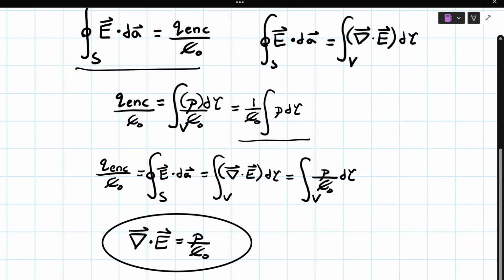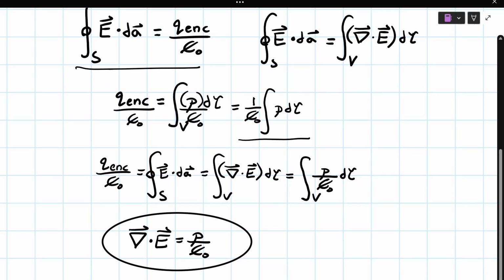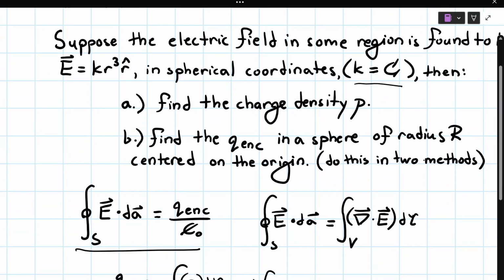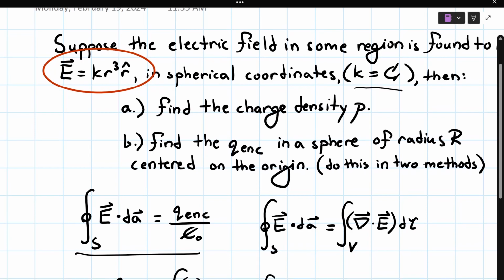So I'm going to leave this here for just a second in case anyone needs to finish the understanding and looking at it. Okay, now we go back and we see that we are trying to solve for charge density. This is our equation for the electric field.